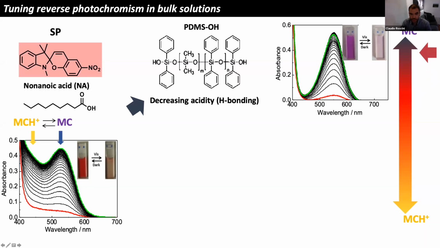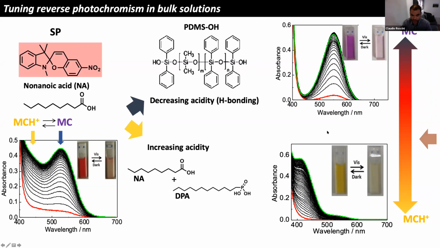If you reduce the polarity of the medium and use this dihydroxy-terminated polydimethylsiloxane, you basically generate hydrogen bonding interaction with the dye, and you stabilize the open form without protonation, and therefore you got this color change in the initial state, which again discolors upon irradiation with visible light.